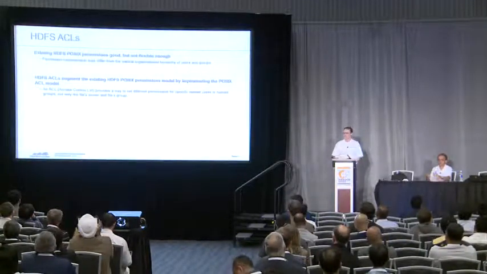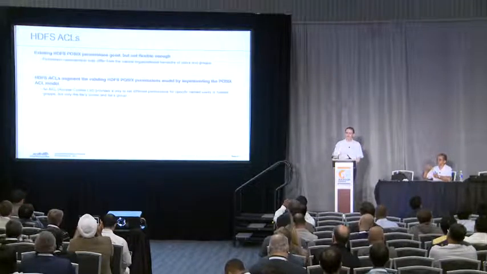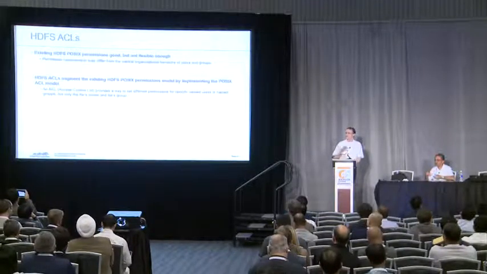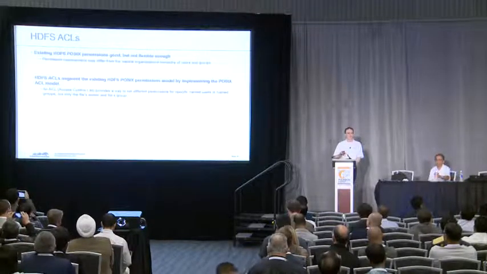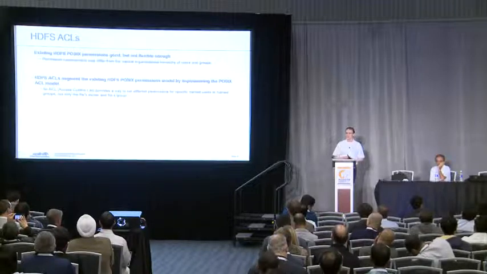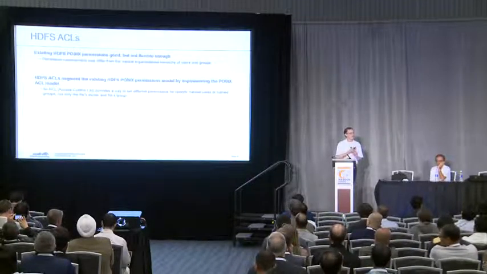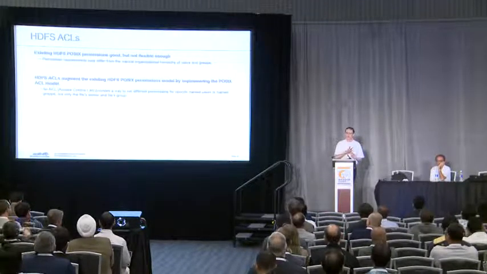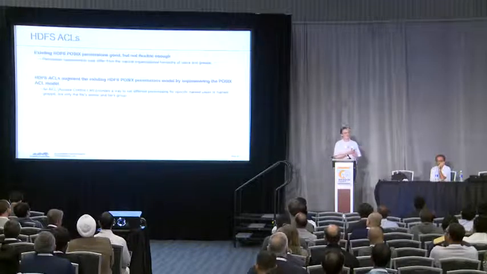First, we'll discuss HDFS ACLs. Prior to development of this feature, HDFS supported the traditional POSIX permission model. And this is very, very familiar to anyone. Every file is associated with an owner and a group. And then everyone else who is not the owner, or not a member of that group, is grouped into others.